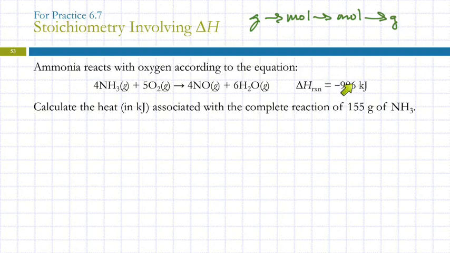And here, 906 kilojoules are released for every 4 moles of ammonia. I don't actually have to go from moles of one thing to moles of another. I just need to get moles of the thing I know anything about, and then I can go directly to kilojoules.